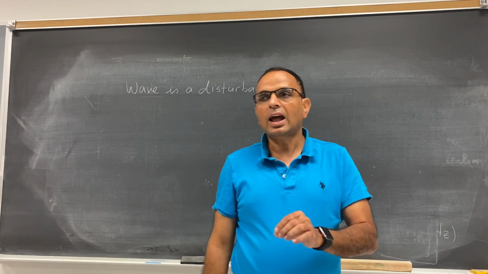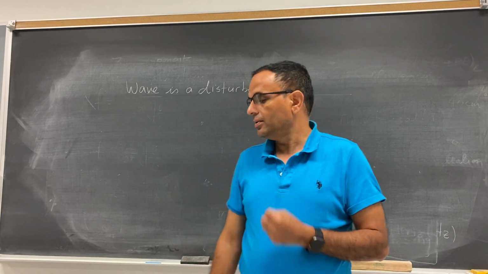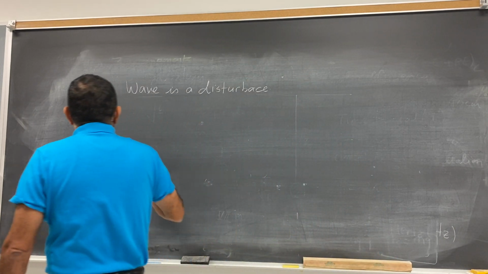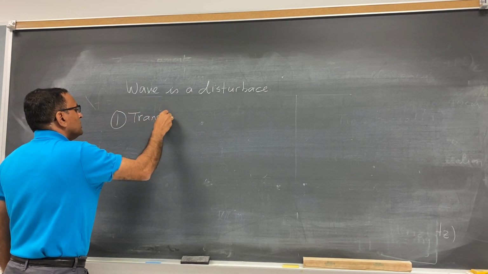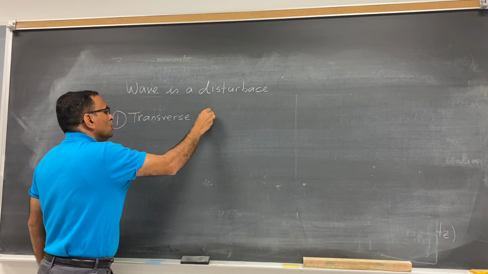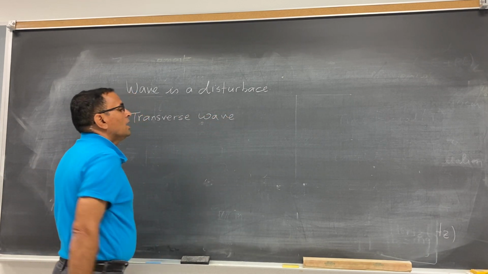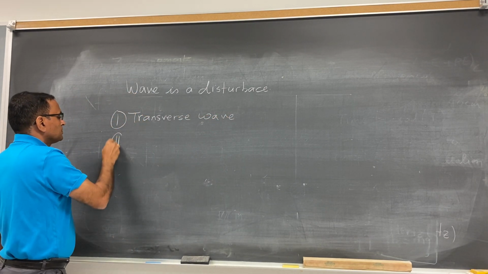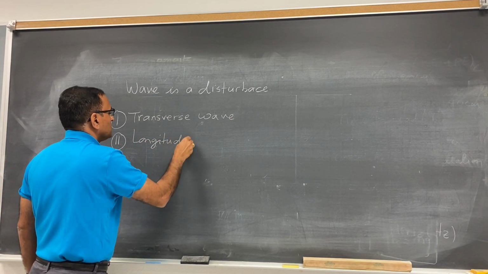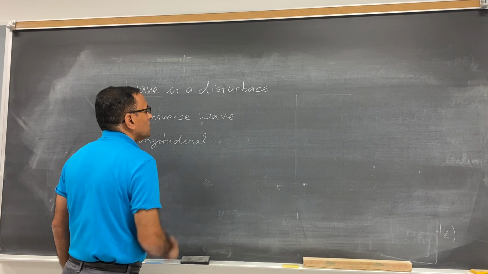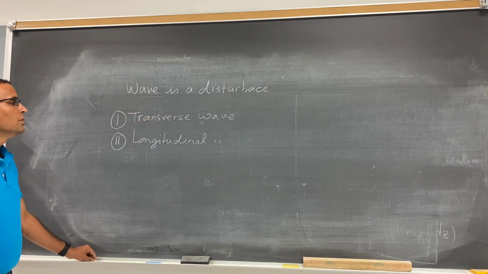And there are two types of wave. One is transverse wave, and another one is longitudinal wave. Transverse wave and longitudinal wave.